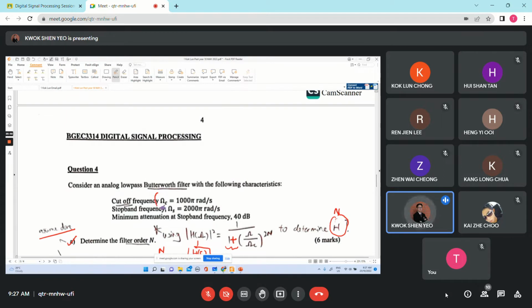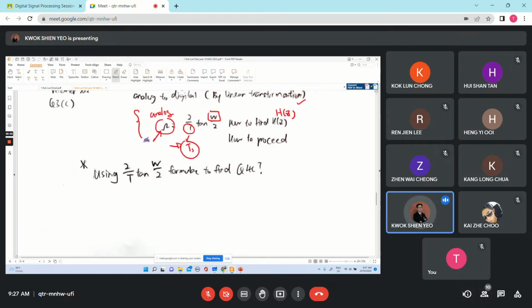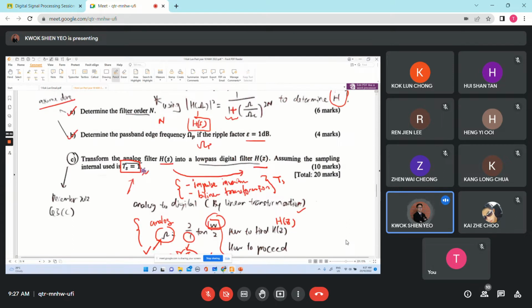We have some information on the capital omega, so this one generally is okay. You normally would know that it must be between minus pi to pi. What you need to determine is how do I decide my sampling interval? But if the question already gives it, you don't need to worry about this equation, right?